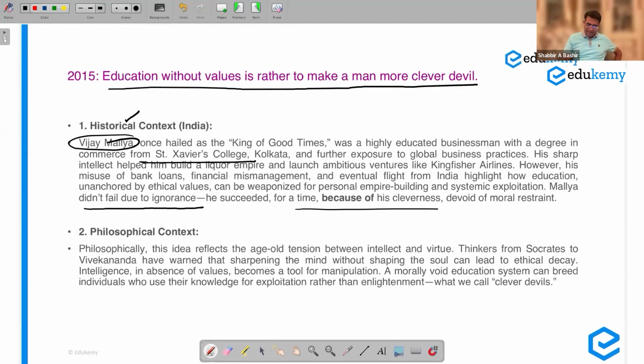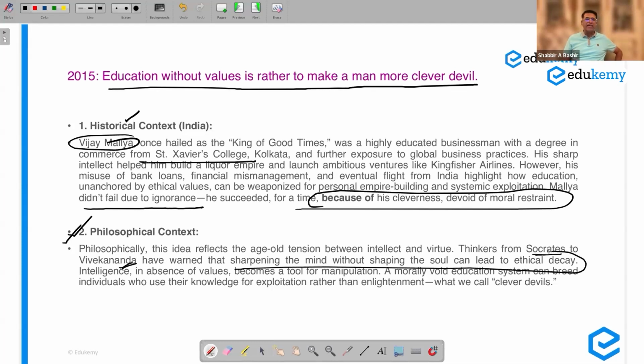It was because of his cleverness that was devoid of moral restraint. I've given the philosophical dimension to this: how Socrates or Vivekananda talked about sharpening the mind, but sharpening it with ethical dimensions. The importance of intelligence and values, both are important.